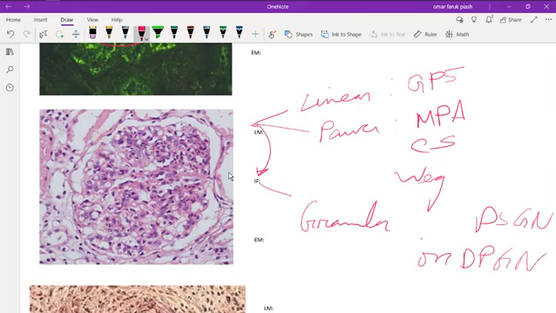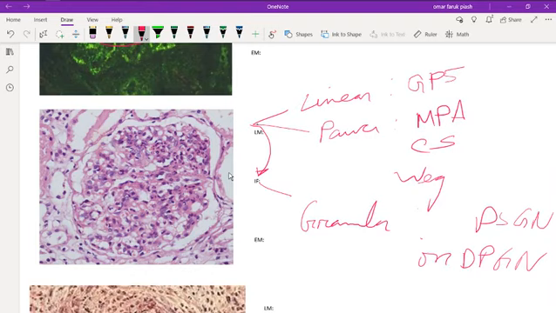Yes. In RPGN, on the basis of immunofluorescence, it can be subdivided into three types. In linear immunofluorescence, there is antibody against the glomerular basement membrane. On the other hand, in pauci-immune immunofluorescence, there is microscopic polyangiitis and Churg-Strauss syndrome, with MPO-ANCA or P-ANCA positive.